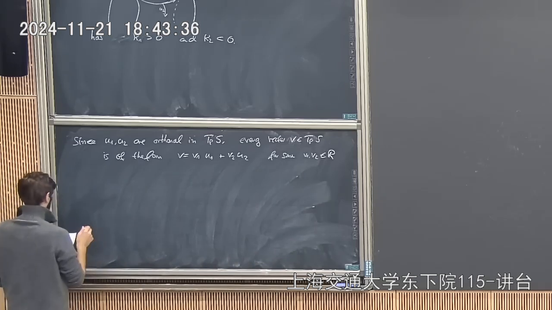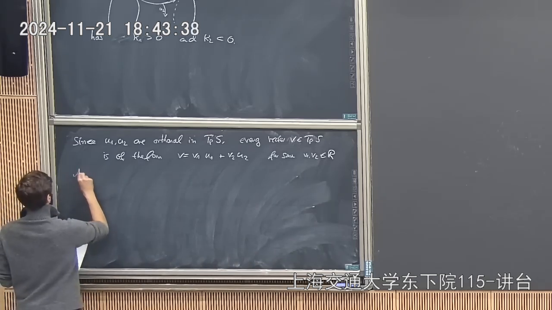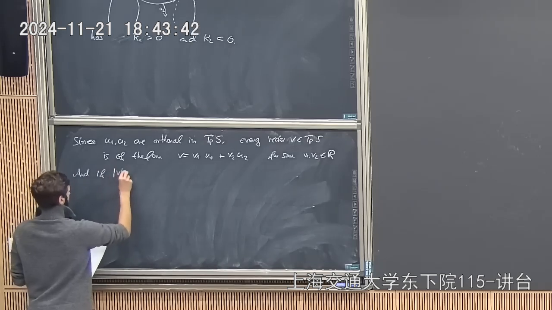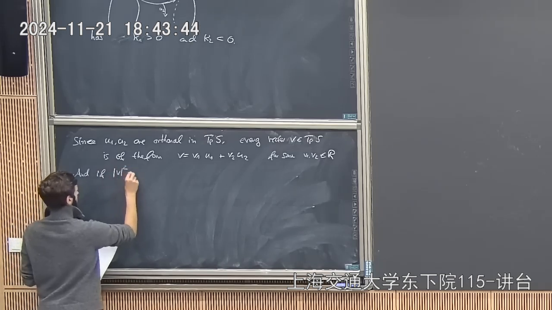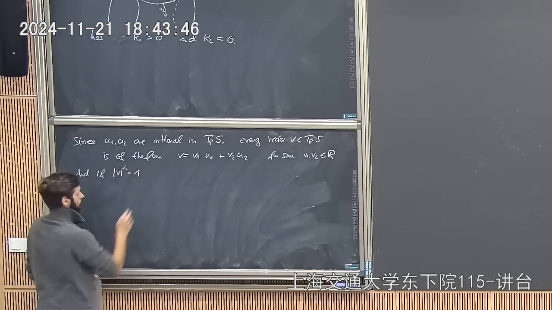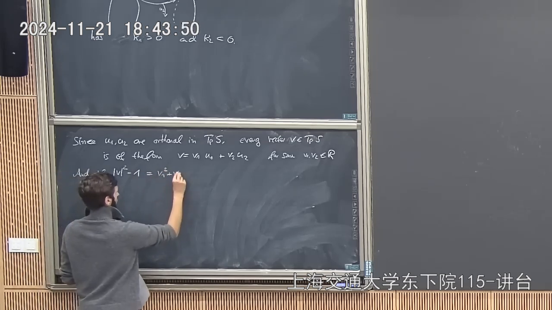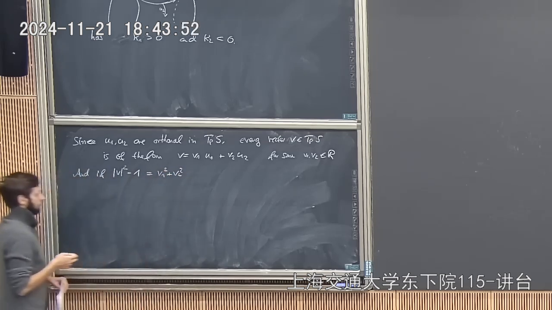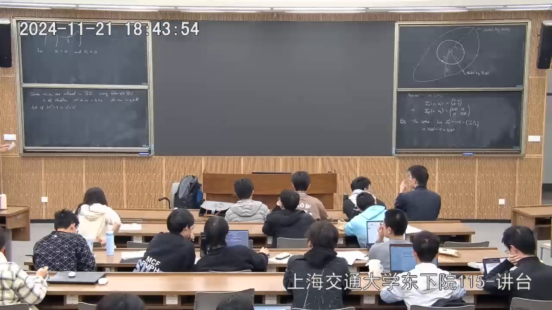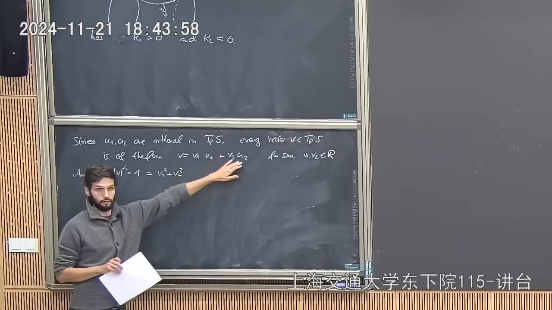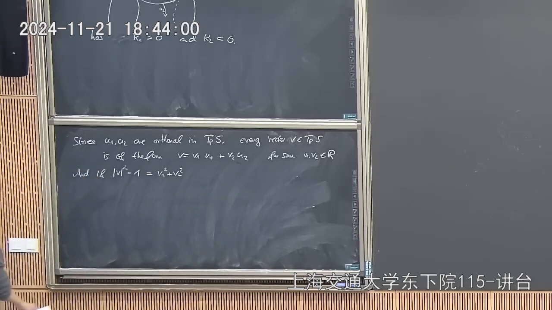And if we require that the norm is equal to 1, then this is equivalent to V1 squared plus V2 squared equals 1, because U1 and U2 were unit vectors that are orthogonal.